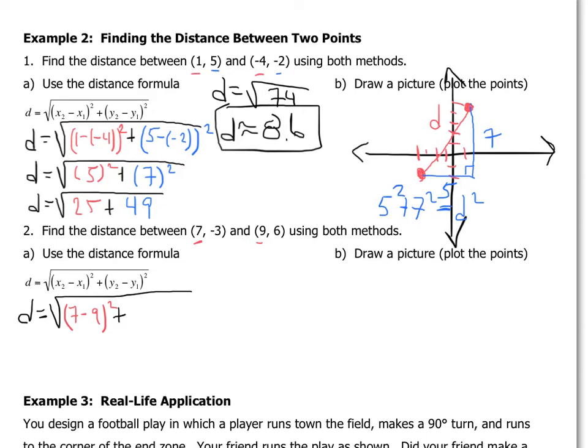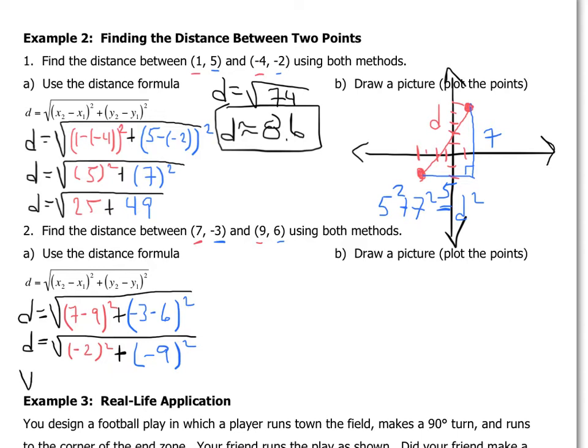Then I'm going to focus on my y's in blue, negative 3 minus 6 squared. I go down to the next line. 7 minus 9 is negative 2 squared. Negative 3 minus 6 is negative 9 squared.